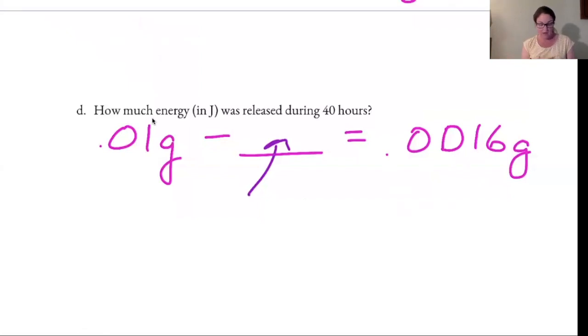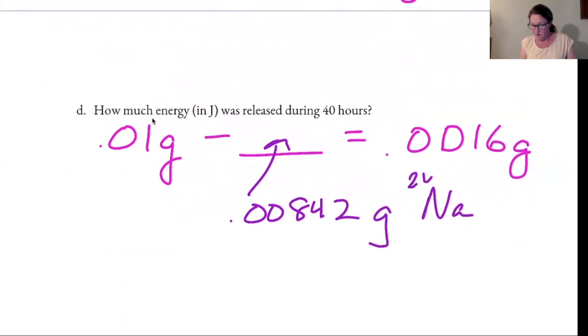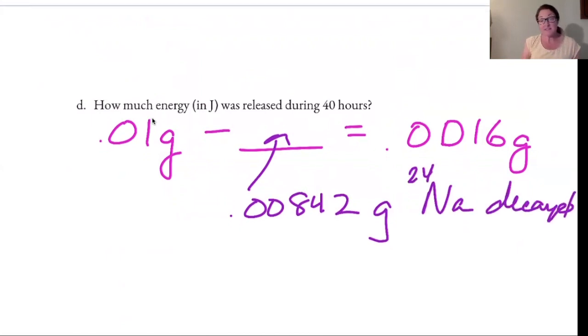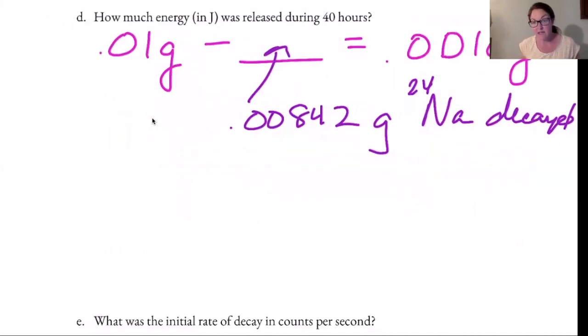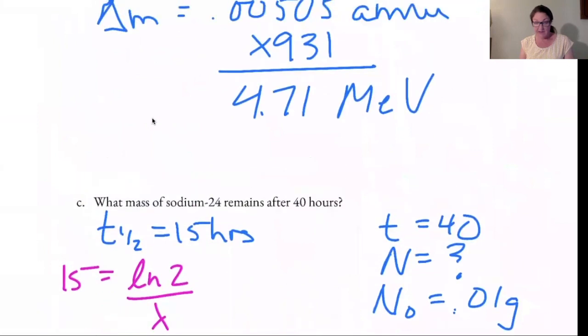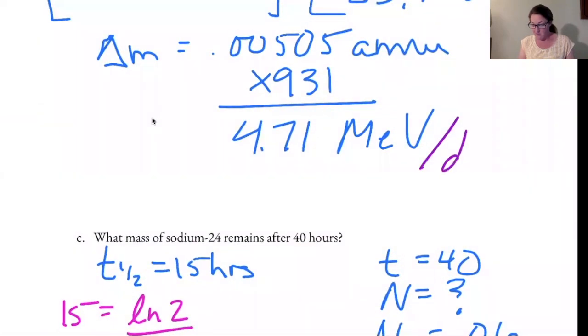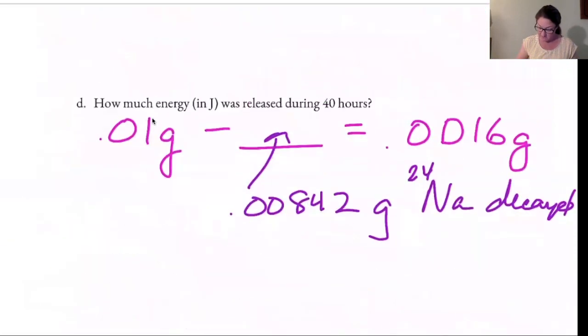So 0.01 minus that tells me that 0.00842 grams of Na-24 decayed. So now I can use this information to figure out how many atoms decayed. And if I know how many atoms decayed, and I know the energy per single decay, I can figure out how much total energy was released.